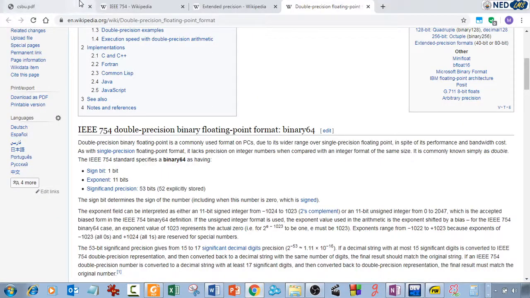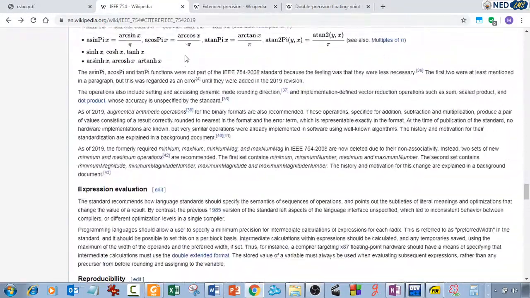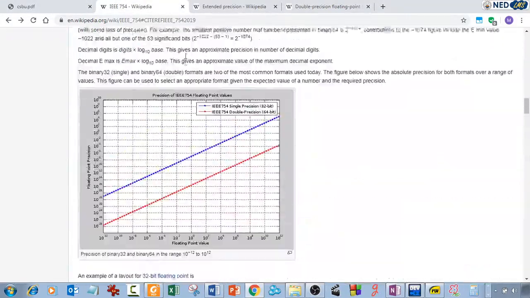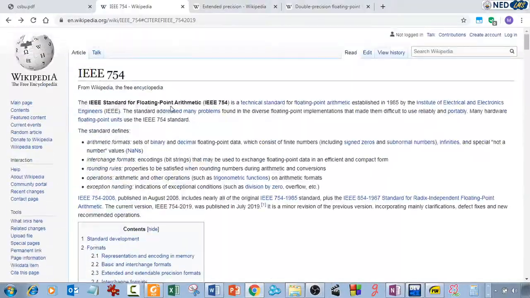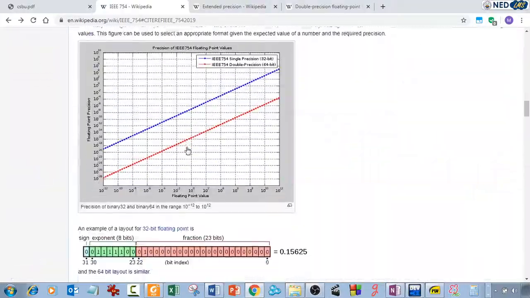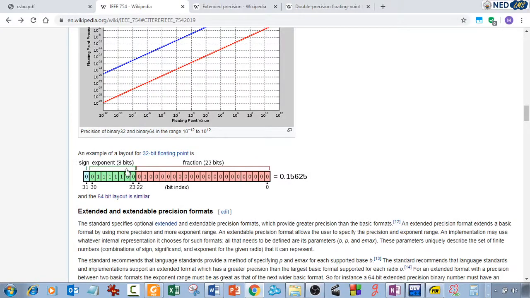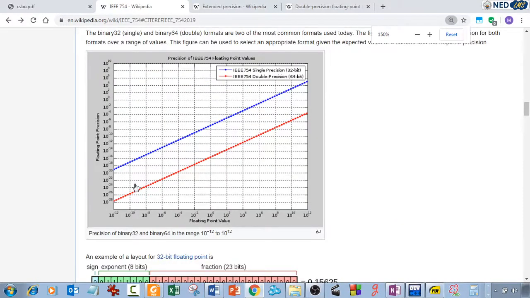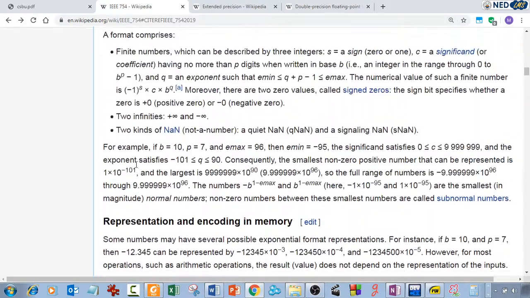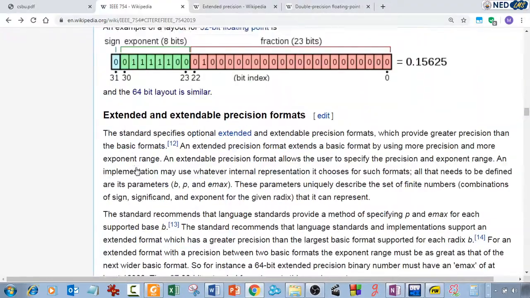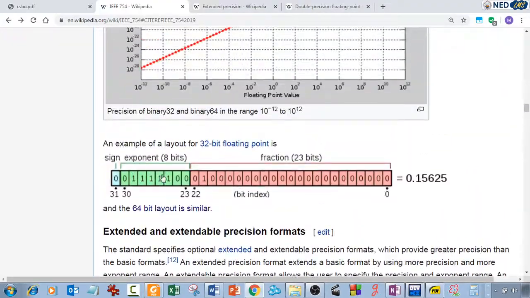If you go to this website, if you just search for IEEE 754 and open the Wikipedia entry, you will see, let me zoom in if it's possible, a 32-bit floating point number.